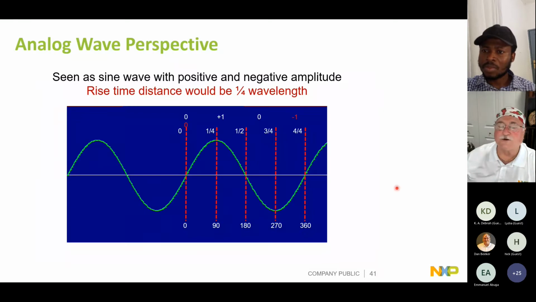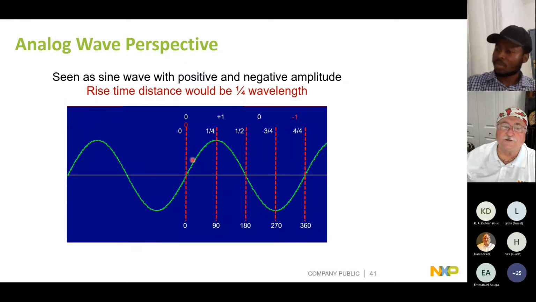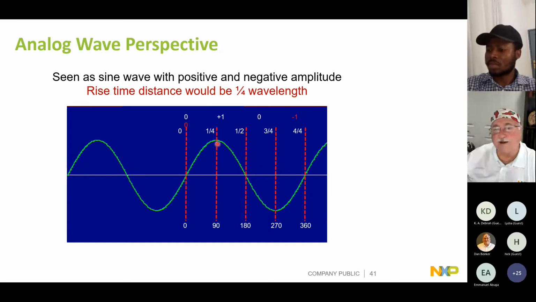So look at the idea of a quarter wavelength. When you look at this switching on and off signal in the analog world, it's plus 90, 0, minus 90, back to 0. So a quarter wavelength is the time it takes for the signal to go from 0 to 90 degrees.